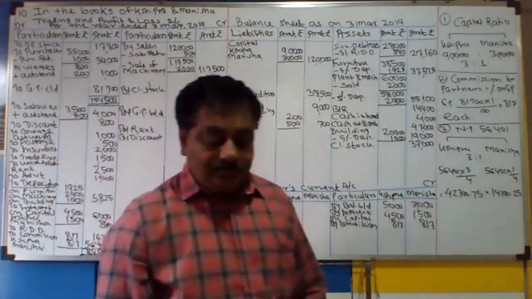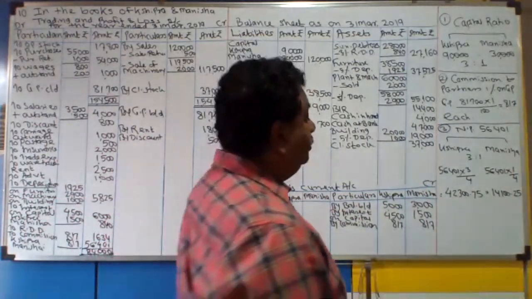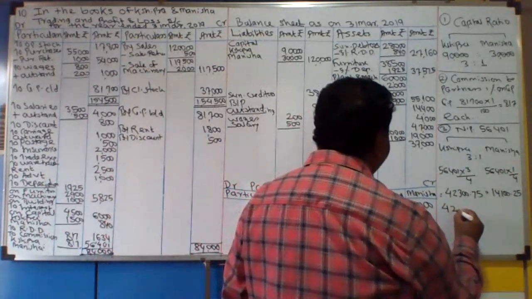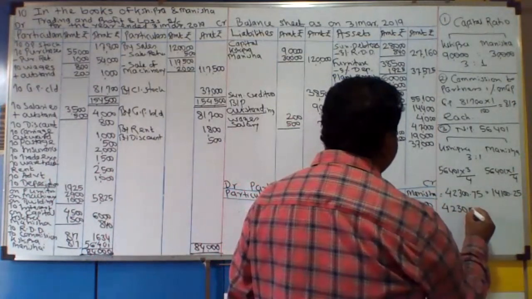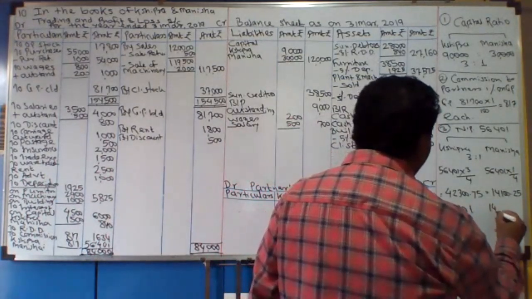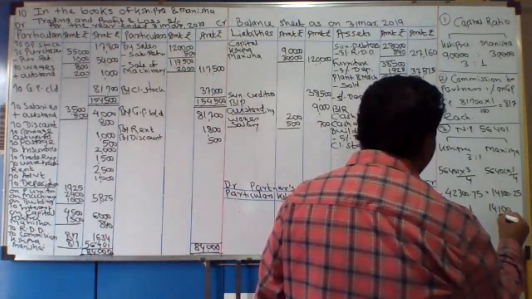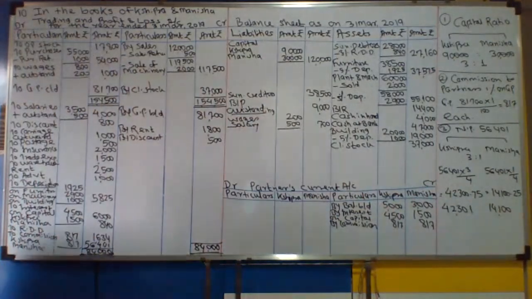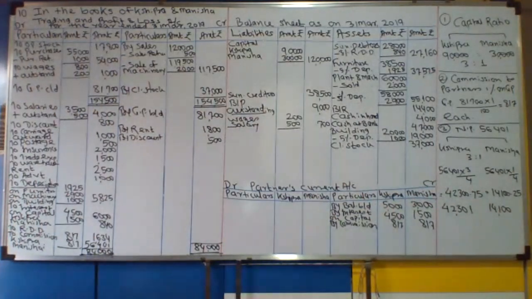Okay. So how to make a round figure now? The round figure for Kshipra is 42,301, and for Manisha it is going to be 14,100. So this is the distribution of the net profit. Net profit distribution is coming in this way.